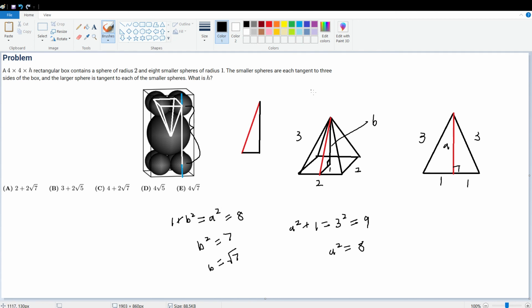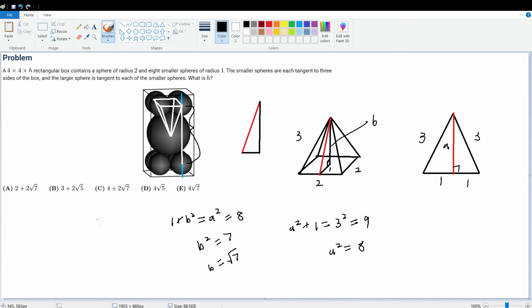So this basically finishes the problem because, like I said, the height of this pyramid should be half of this unknown length that we had at the beginning. And we can just add on 2 of the radii of the smaller spheres, as I said at the beginning of this video, before we even looked at this connect-the-centers strategy that we came up with.